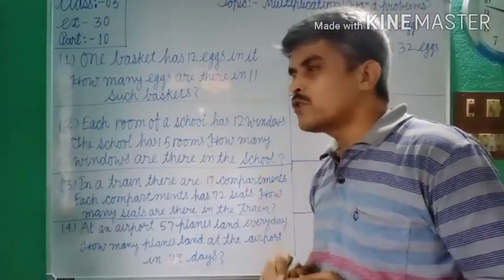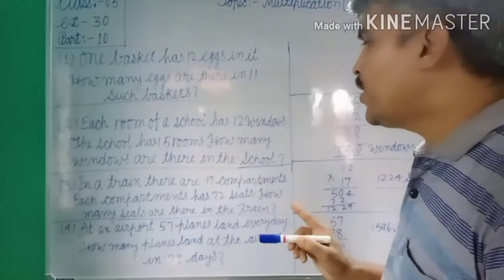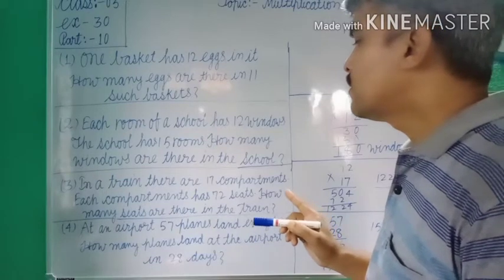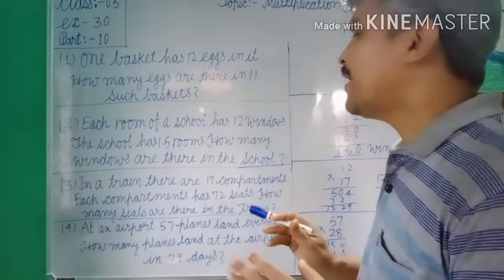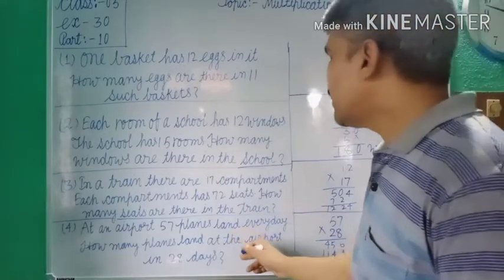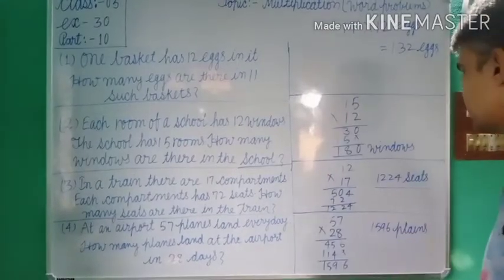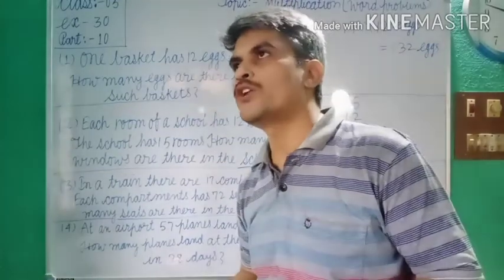At an airport, 57 planes land every day. Every day means one day. Each day 57 planes land at an airport. How many planes land at the airport in 28 days? When you multiply, you obtain the number of planes that land in 28 days.